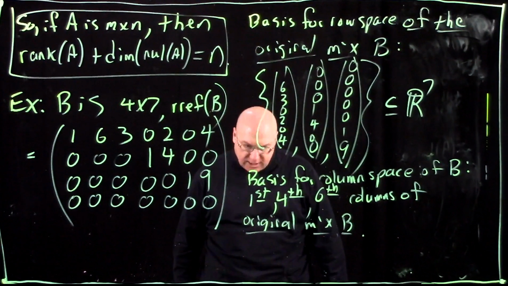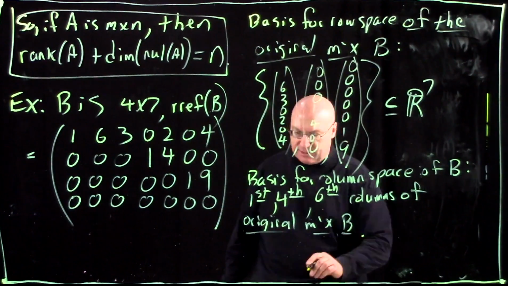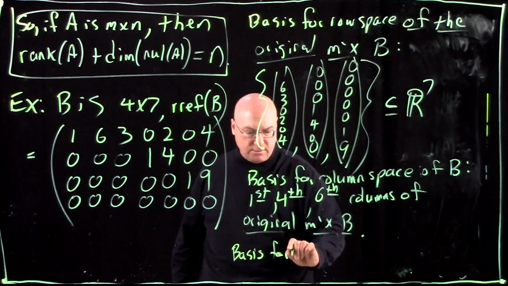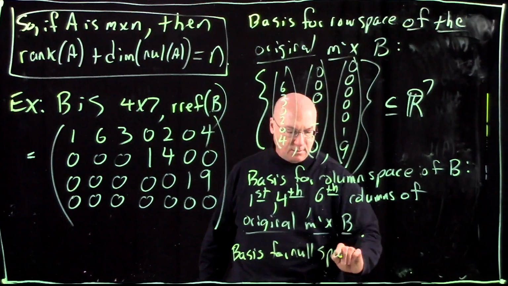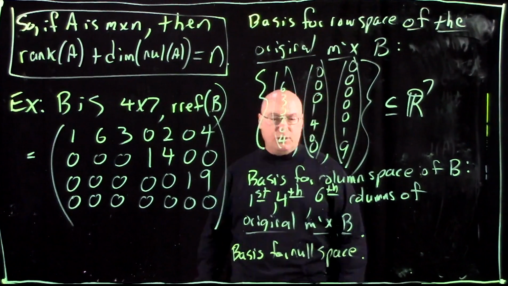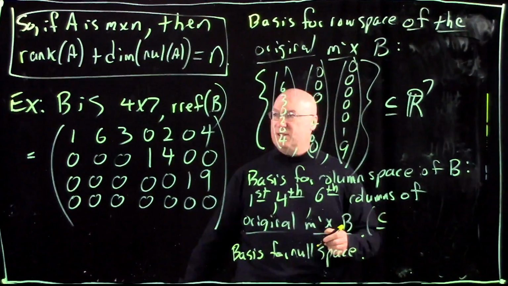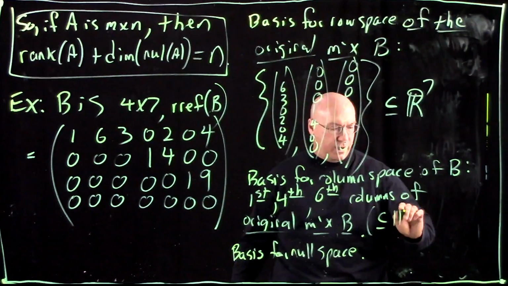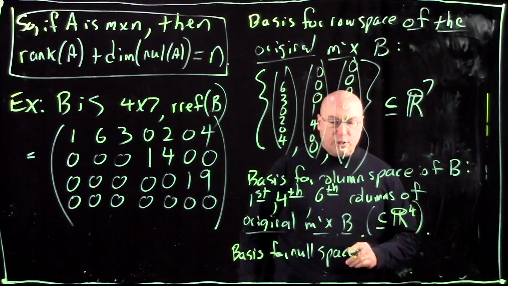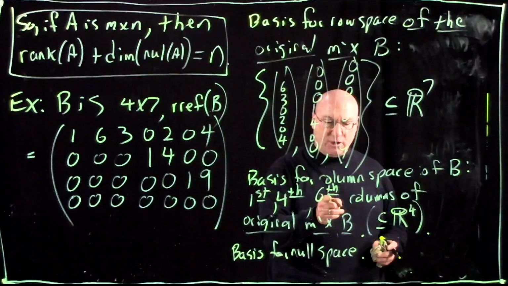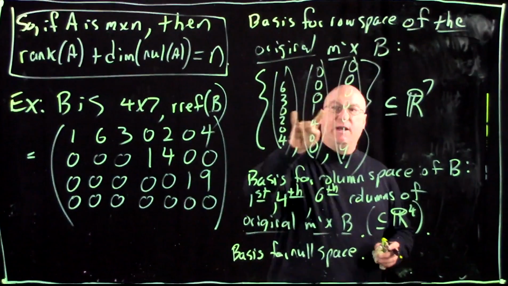And let's see. What about the basis for the null space? First off, I will tell you, notice that the column space is a subset of R4, correct? So it's a little bit amazing that I'm going to have 3 vectors here because I have 3 vectors up here.